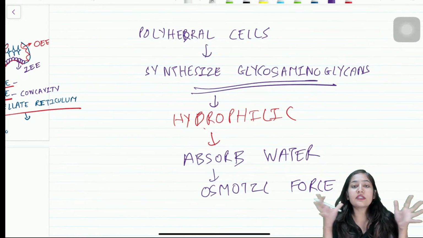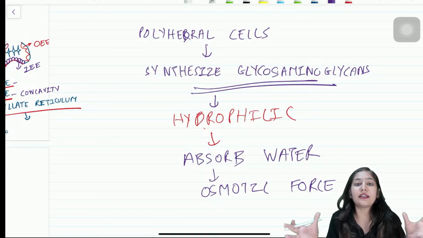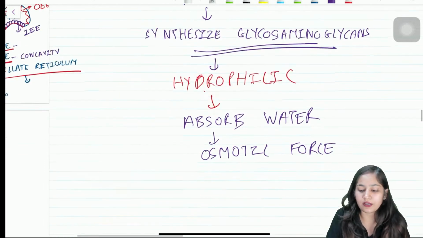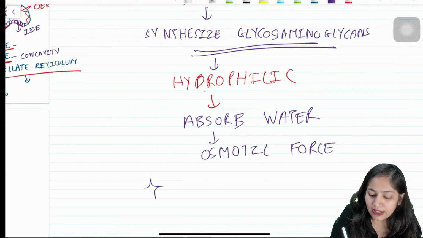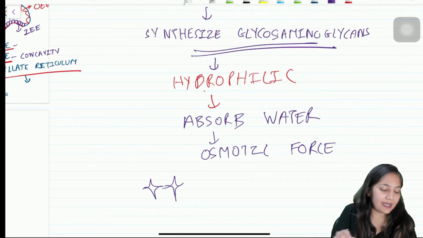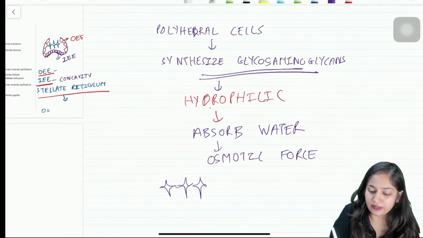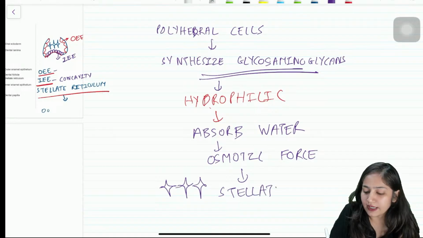The polyhedral cells will start moving away from each other because of the water content. But to maintain contact, these cells will form a star-shaped network, which is known as stellate reticulum, right?